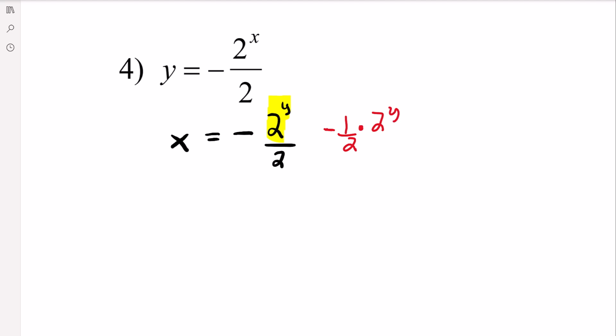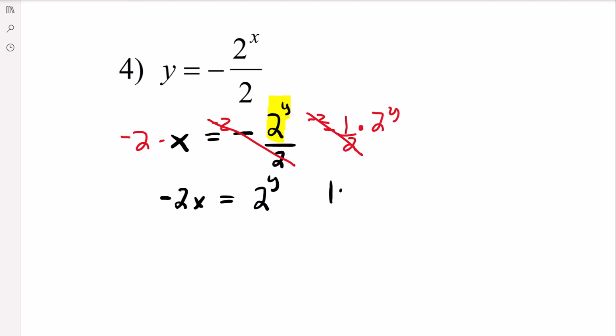That's what this is. There's that invisible -1 there. And then we've got this divide 2 here. So if you think about it this way, we would multiply both sides by -2. So that's what we're going to do. We're going to multiply both sides by -2. So we end up with -2x is equal to 2 to the positive y.